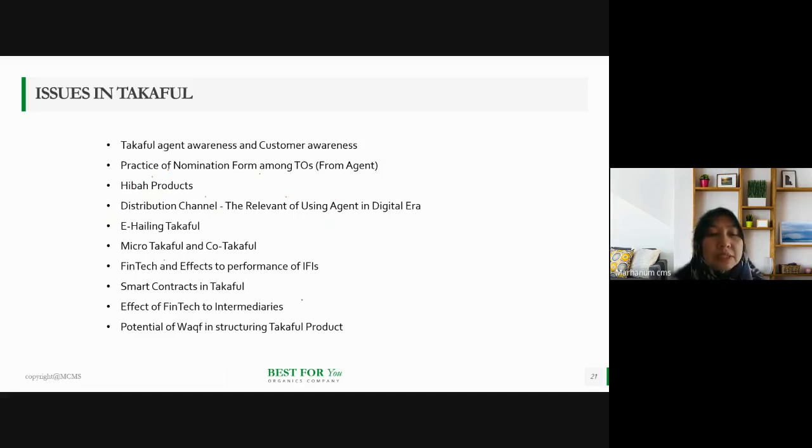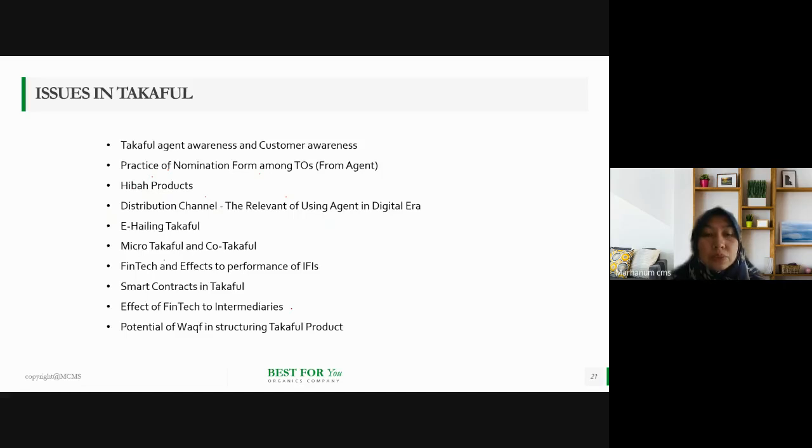Intermediaries in Takaful are not only agents but also third parties involved in marketing Takaful business, like a TPA. What is a TPA? A TPA is a third party that manages the Takaful funds in the payment context.